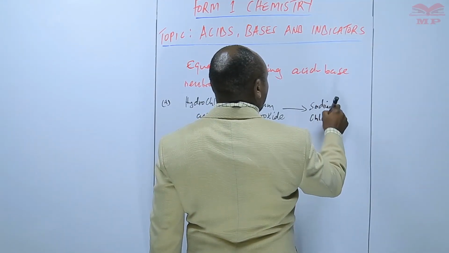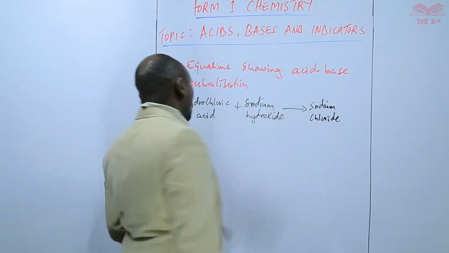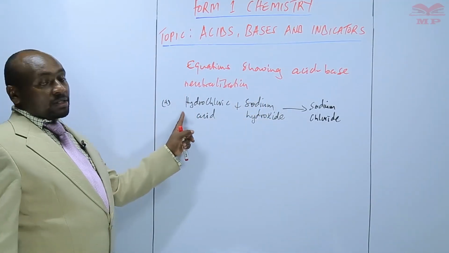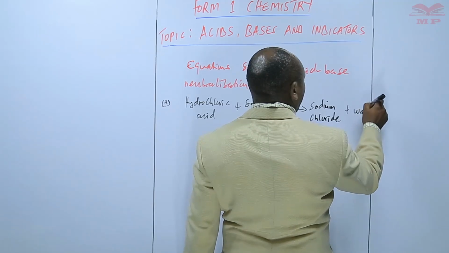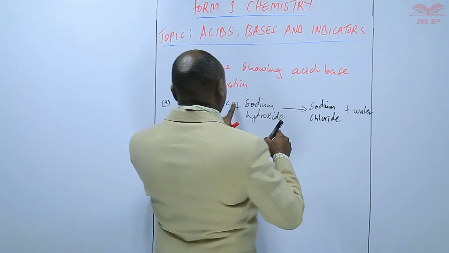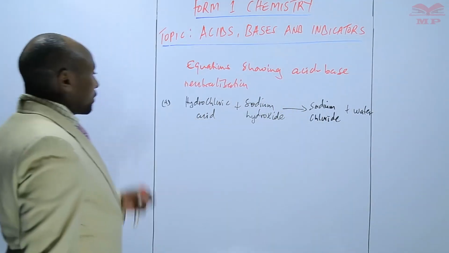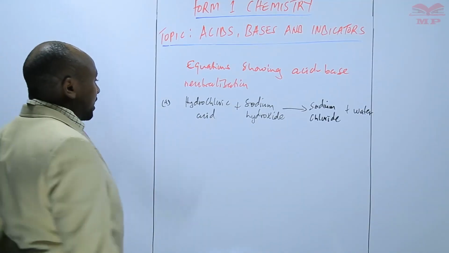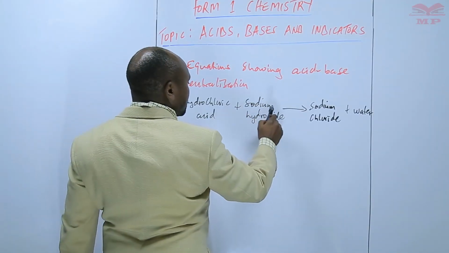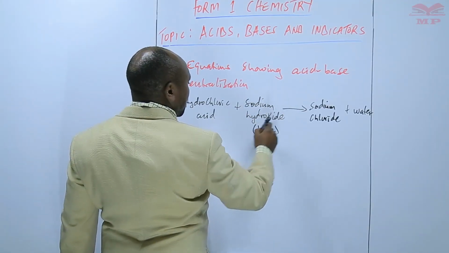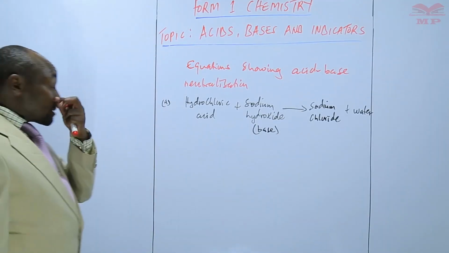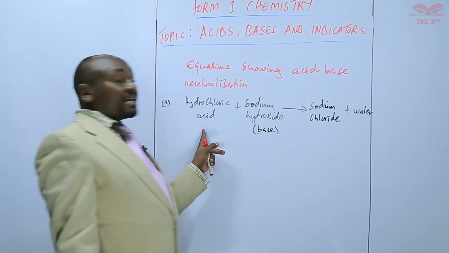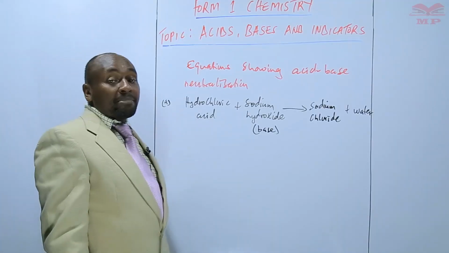Sodium chloride. Remember we said that from hydrochloric acid we get chlorides. And then of course the other product is water. So we have the acid and this is the base. And of course this is what we are calling neutralization. So from this we can be able to define what is an acid and what is a base.